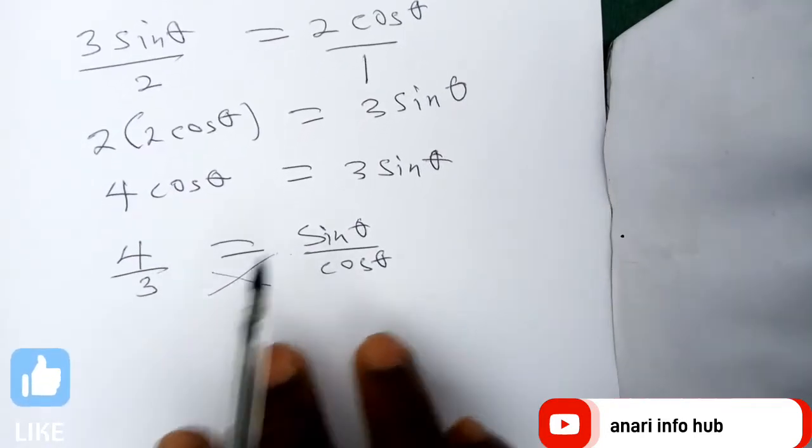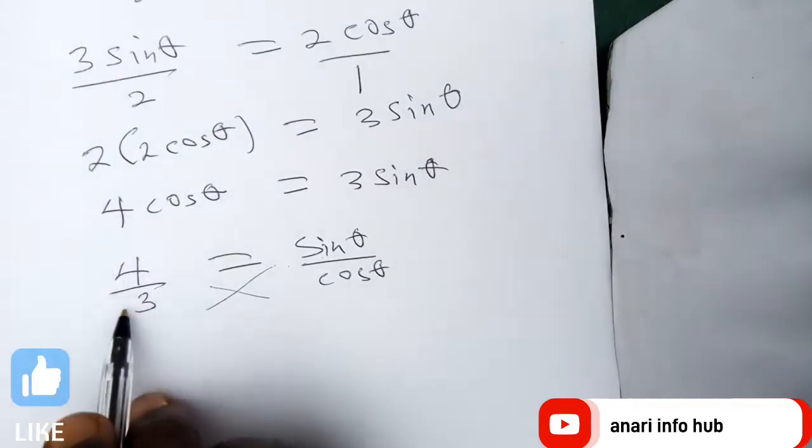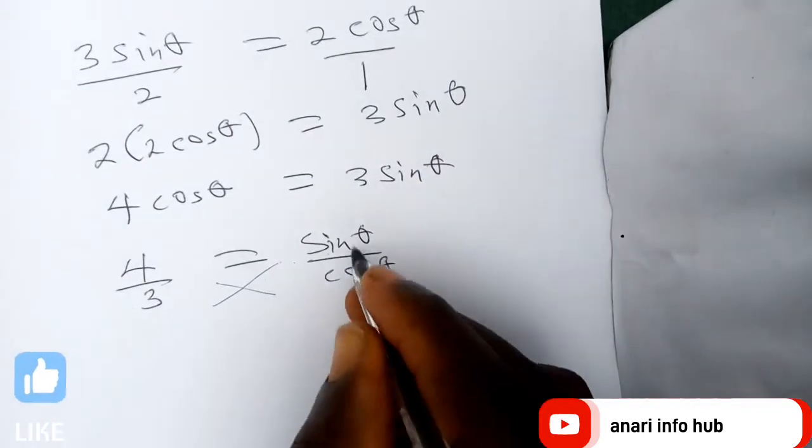So I'm not just doing it anyhow. So 4 over 3 equals sine over cosine, which is tan.